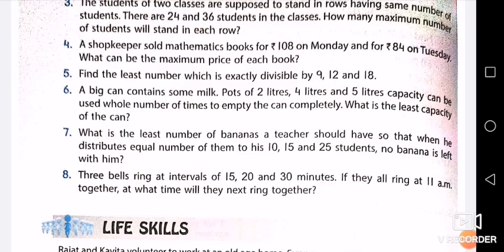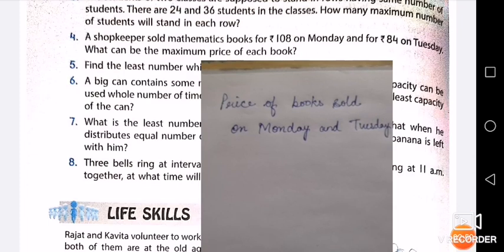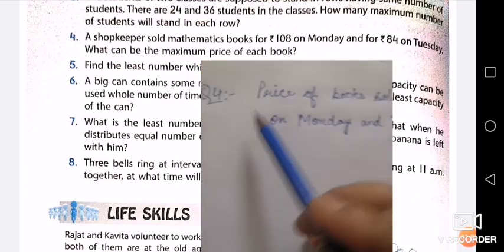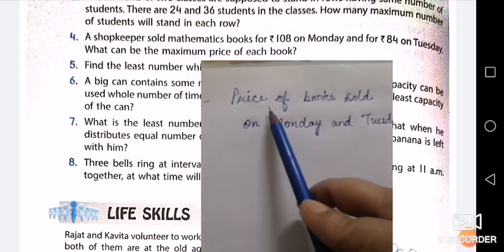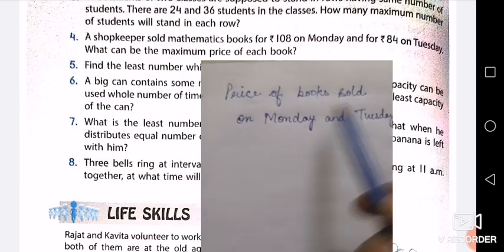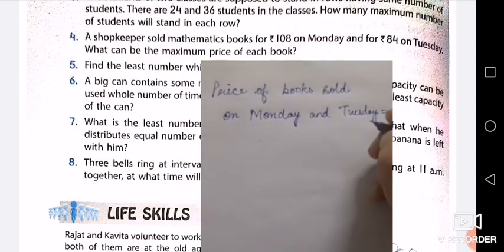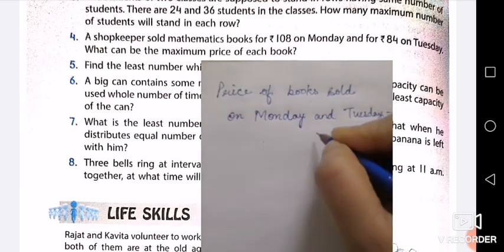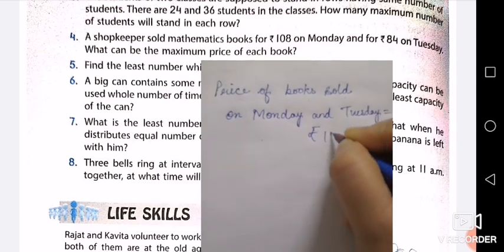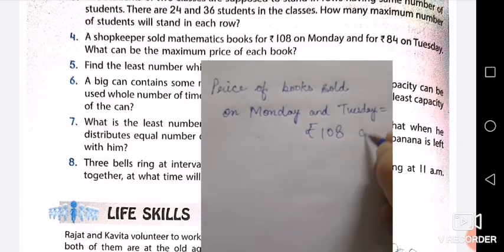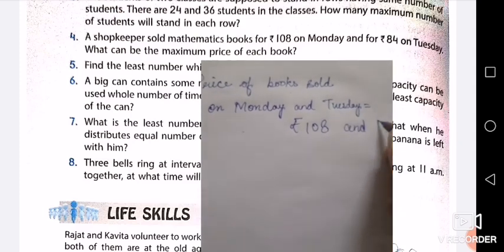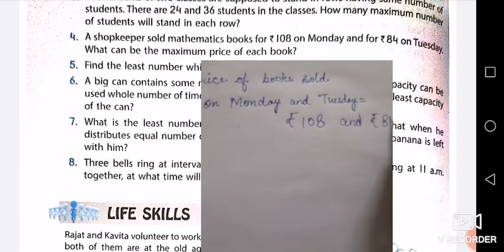We will see how you will frame the statement for this question and how you will do it. So let's start this question number 4. The first statement will be: price of book sold on Monday and Tuesday, that is rupees 108 and rupees 84.